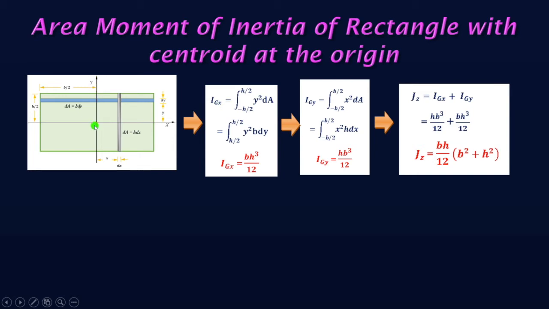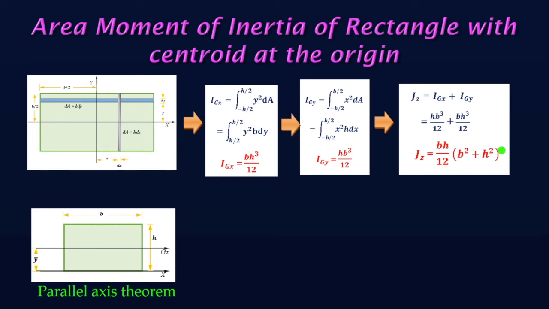Because both these axes x and y pass through the centroid. The axis that is passing through the centroid is called the centroidal axis. So about the centroidal axis, the area moment of inertia formula is bh cube by 12, whereas the polar moment of inertia is the summation of these.